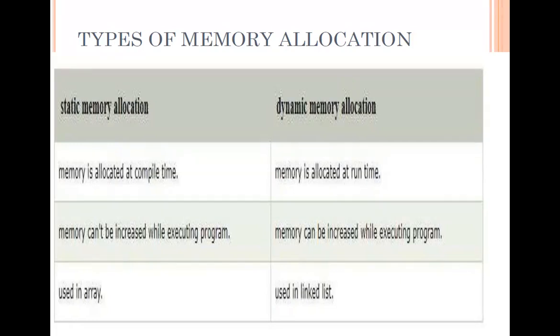In future, if your program needs an 11th memory location, then with static memory you cannot provide it. For example, if you write software for 500 employees, that program will work for only 500 employees if you use static memory allocation.